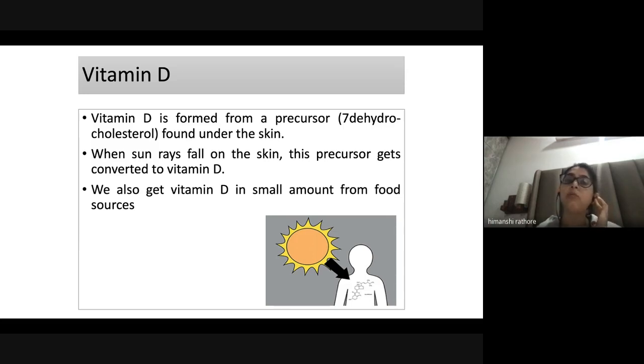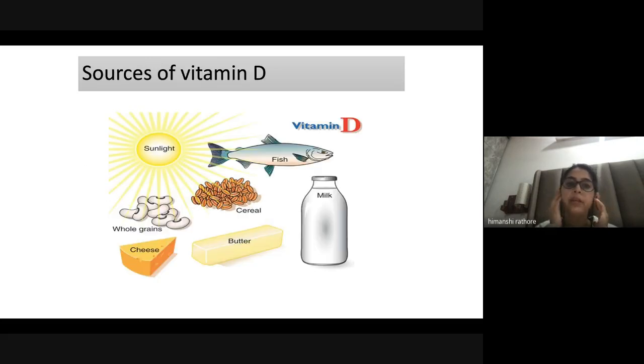Not only does the sun provide us vitamin D, there are food sources also that can give you vitamin D. Here is a slide showing that apart from sunlight, you can get it from fish. Fish contains vitamin D. Mushrooms are a very important source of vitamin D, and also contain the vitamin D precursor.